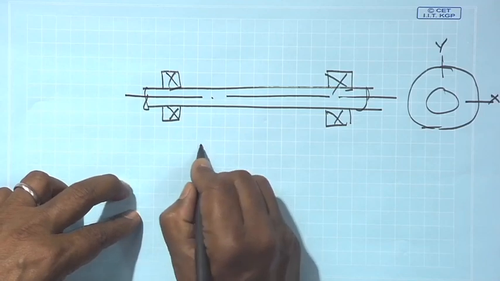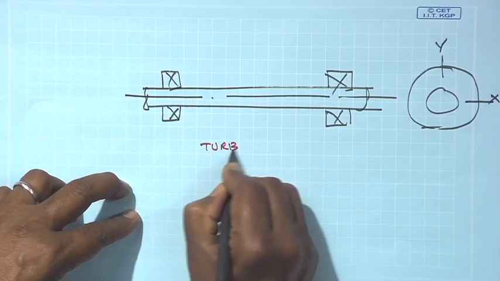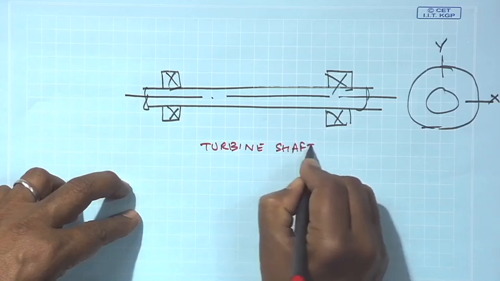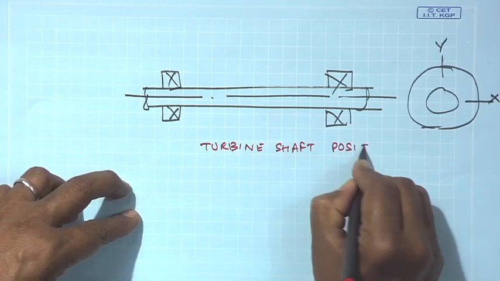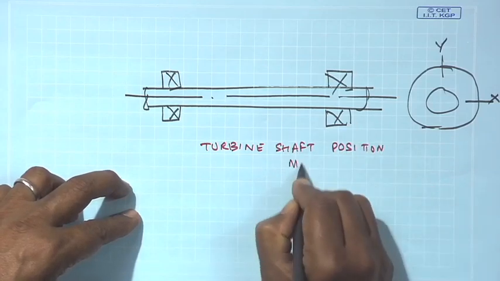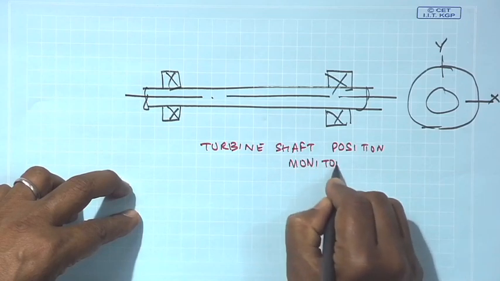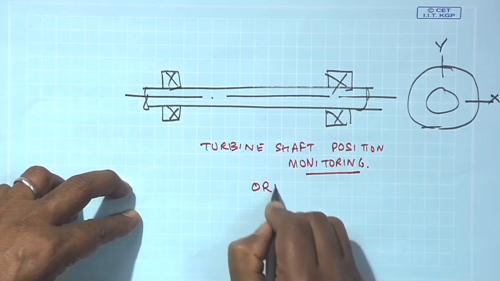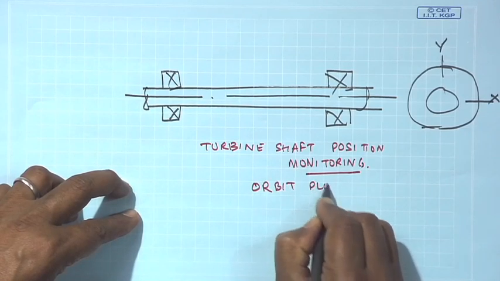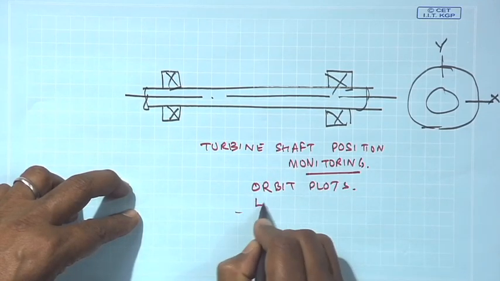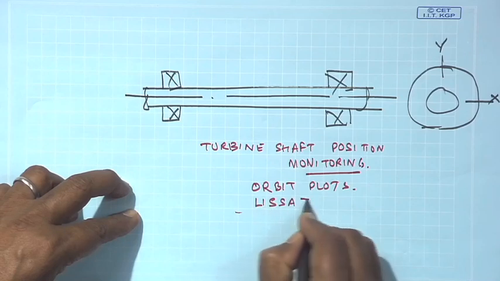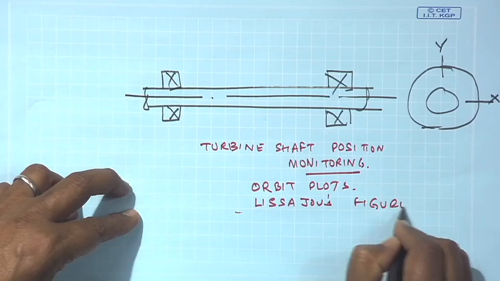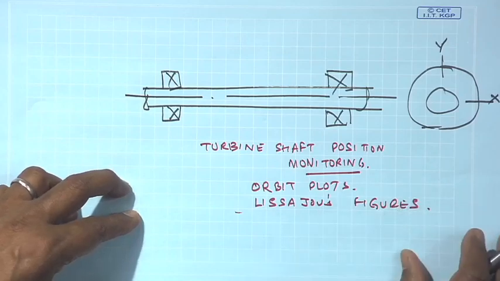So, physically for turbine shaft position monitoring such plots are used, or orbit plots, which are also known as Lissajous figures. Okay.